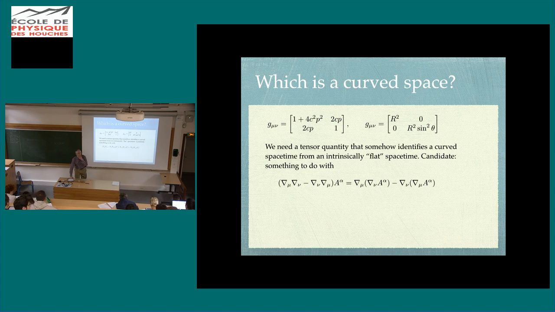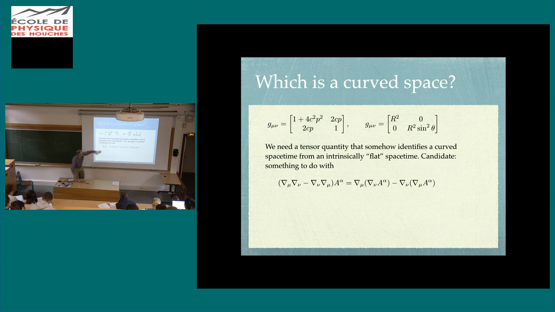Yes? Yes, we can still go to a locally inertial frame. Yeah, but you can't put the second derivatives to 0. And so that's basically the issue. So this is going to expose those second derivatives. And those second derivatives really will be 0 in a globally flat spacetime, but they won't necessarily be 0 in a curved spacetime.